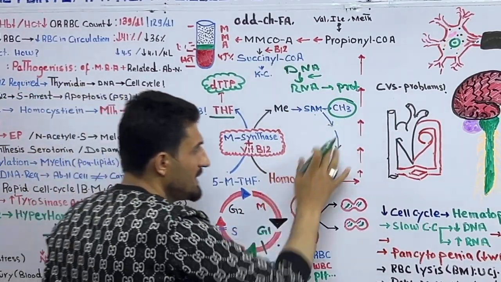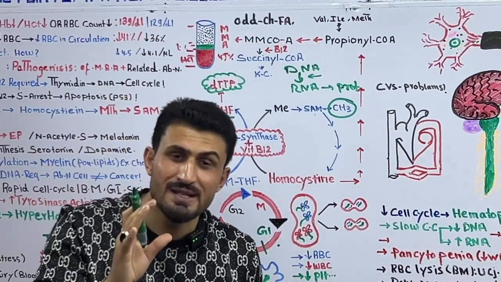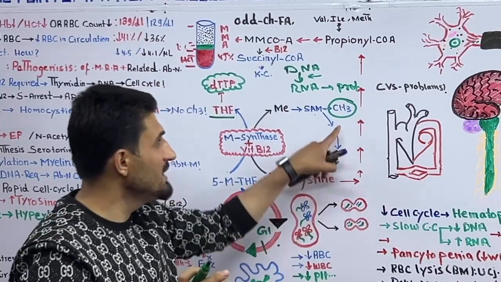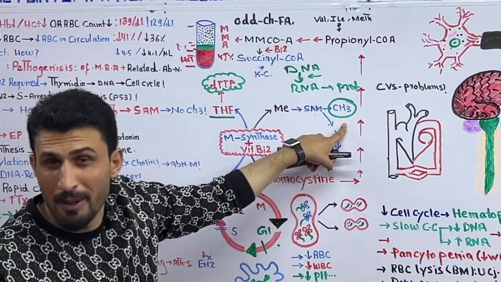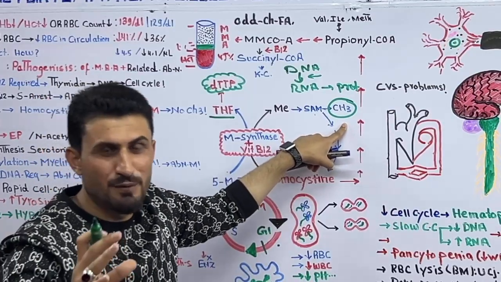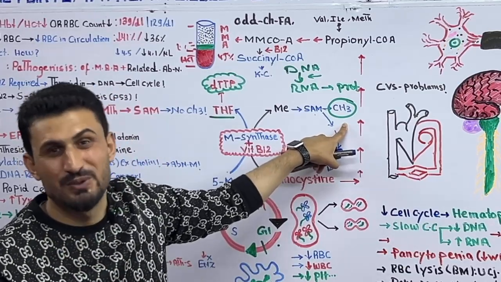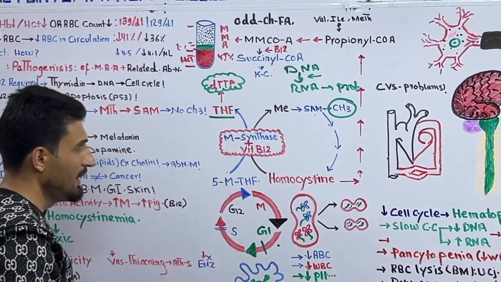Plus we need methyl groups for the synthesis of different types of neurotransmitters. For example, we need methyl groups for the synthesis of dopamine, norepinephrine, melatonin, and so on. That's why this is very important.